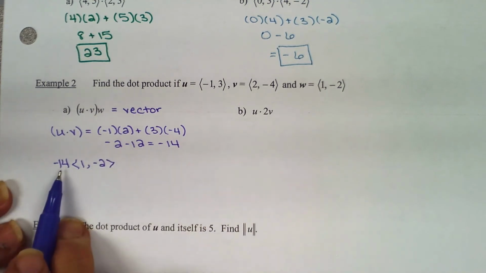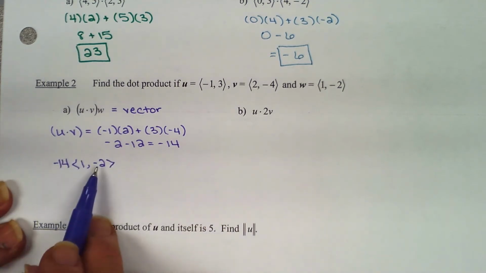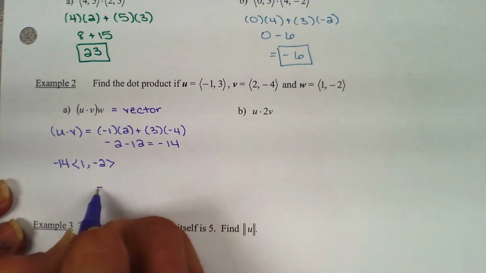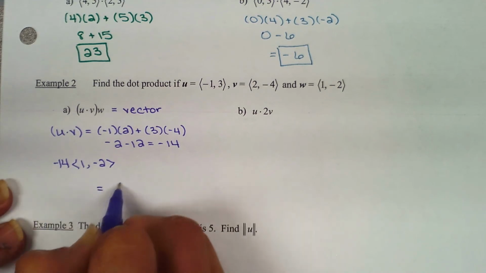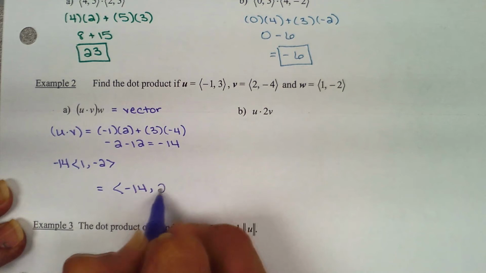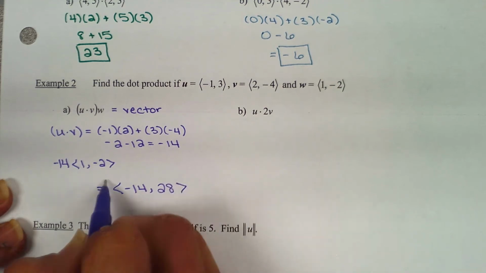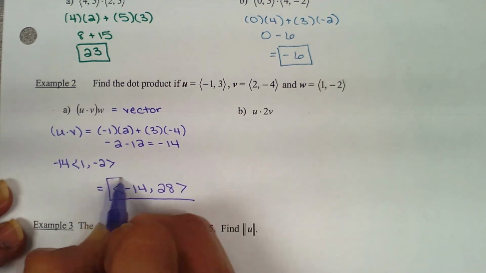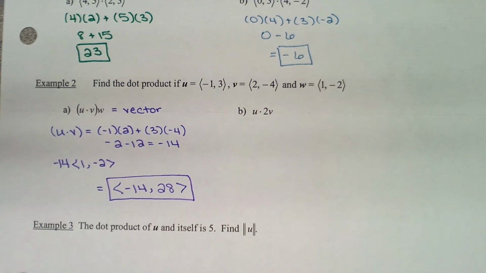Remember, when you multiply a scalar times a vector, it's just like multiplying and distributing. So we're going to get a -14 for the x component, and then a +28 for the y. And there's our final vector answer.